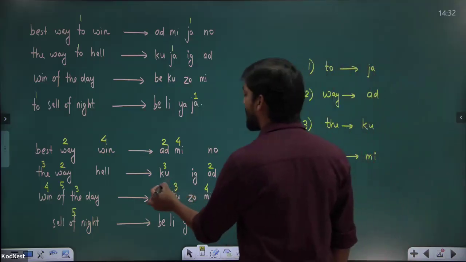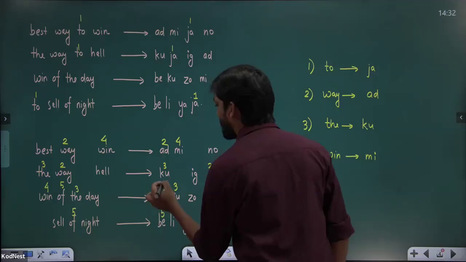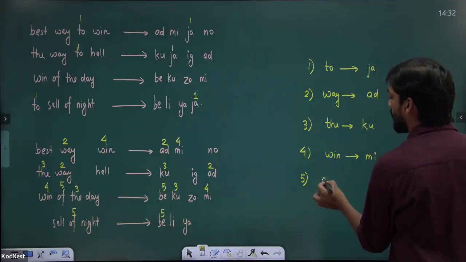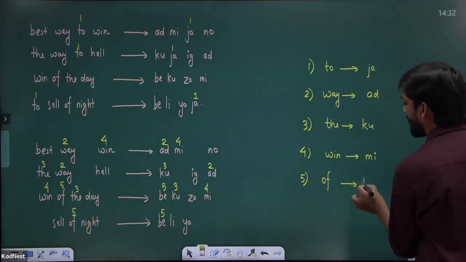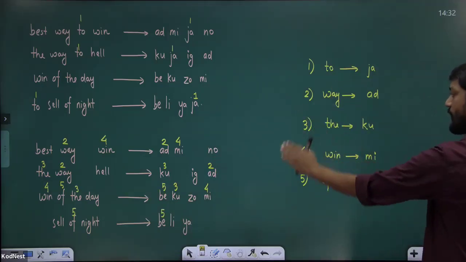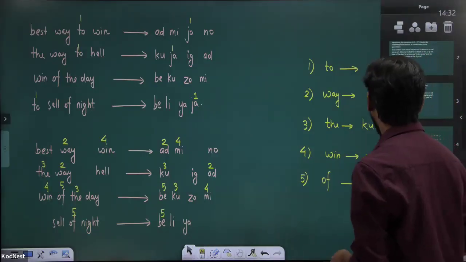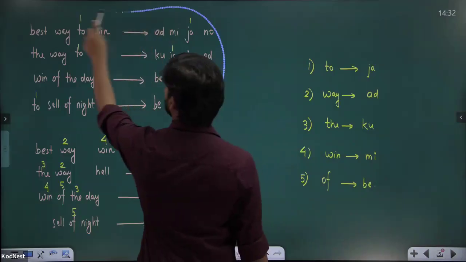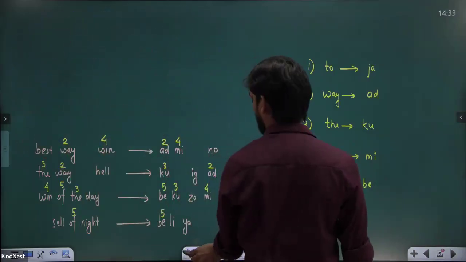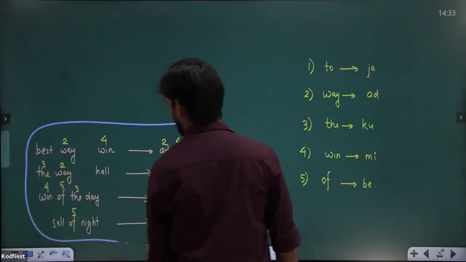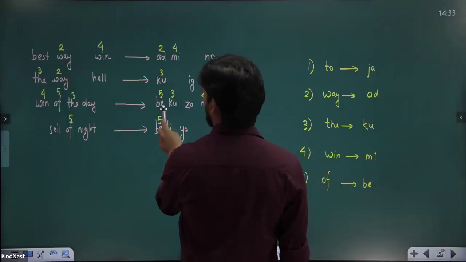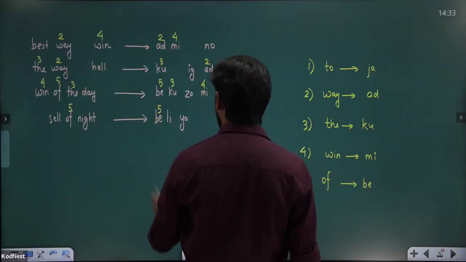BE. So BE is the translation. So translation of off is BE. Once you have found this all, you will remove it. Okay, whatever you have found, please remove it now.